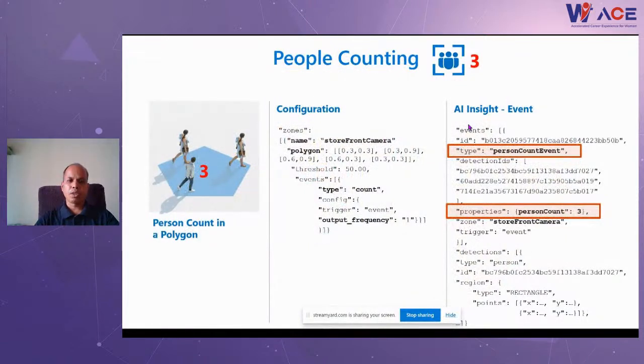Moving forward, we looked into people counting for a store, from a CCTV recording. But what if I want to know how many people are in a particular place at some point of time, for whatever analysis I want to do? Here is a scenario where you can see there is a polygon, and there are three people within that polygon, in working mode.